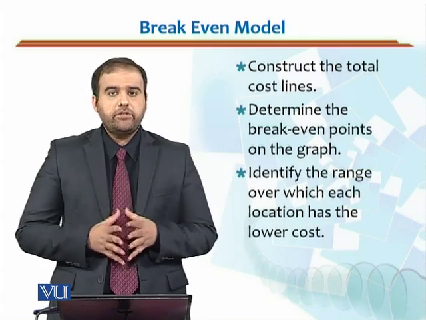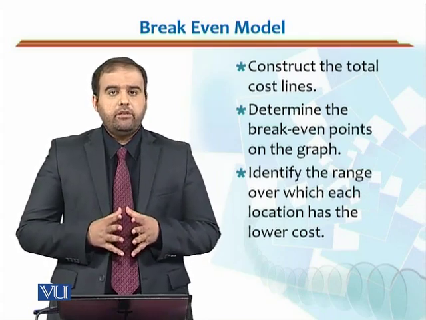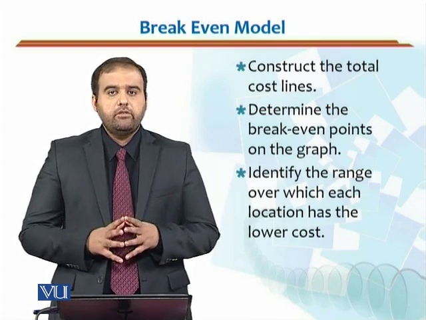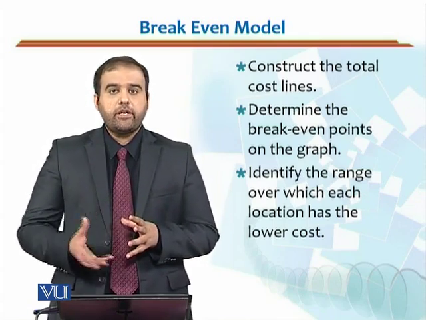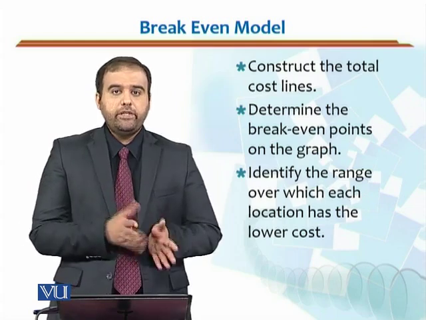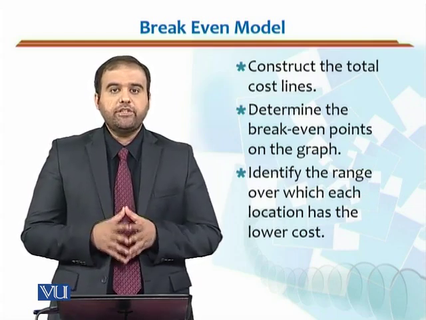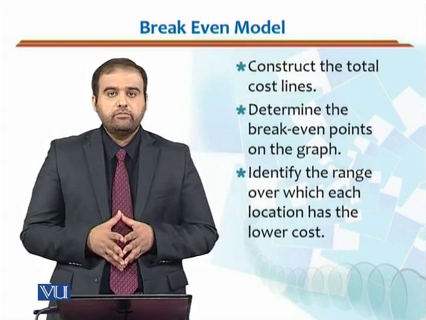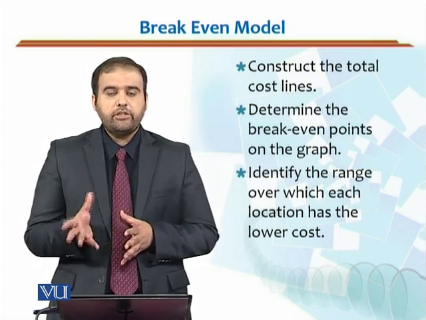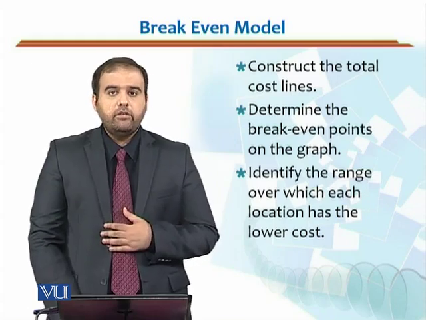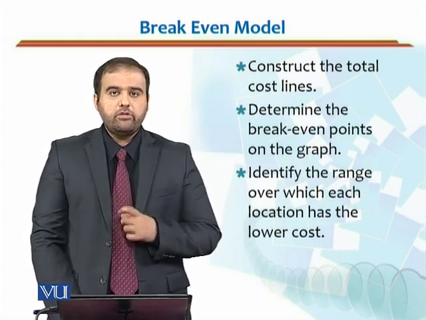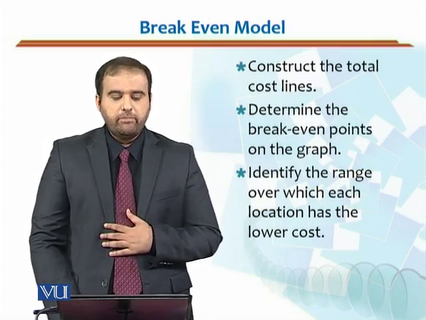So when there is an intersection, that means there would be a region above it which would be more attractive than one facility location would be more attractive than the other one. And below that intersection point, the other facility would be better than the other facilities which you are considering. So you need to actually define the region. According to the region, your location decision would actually be applicable.